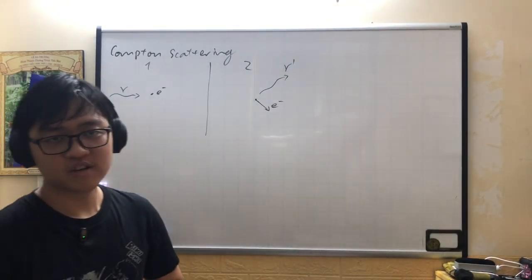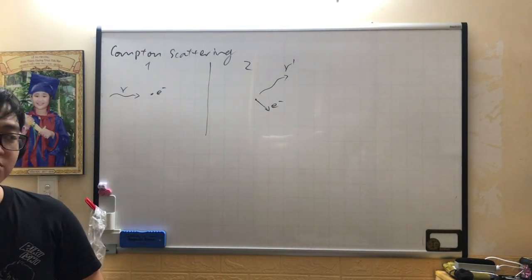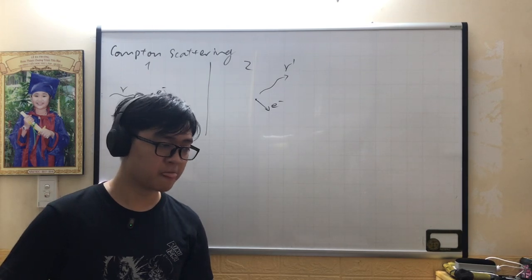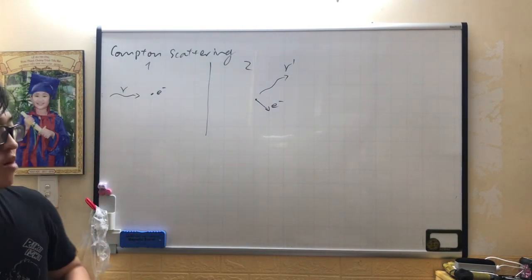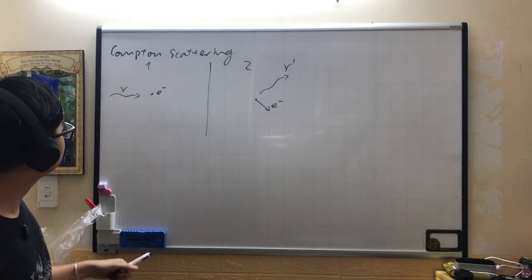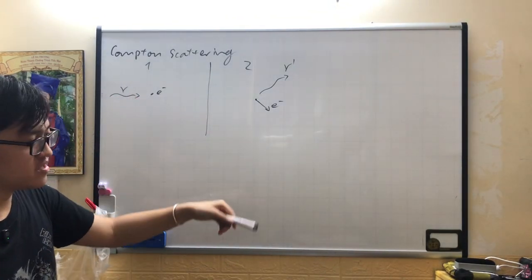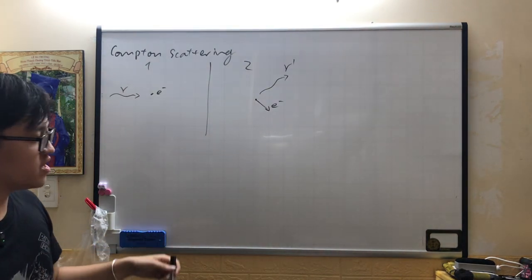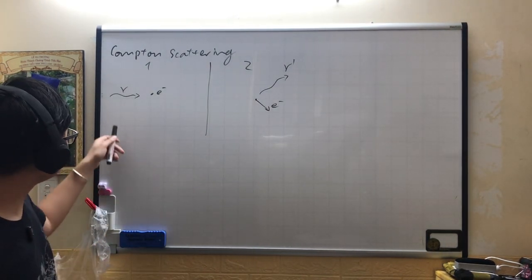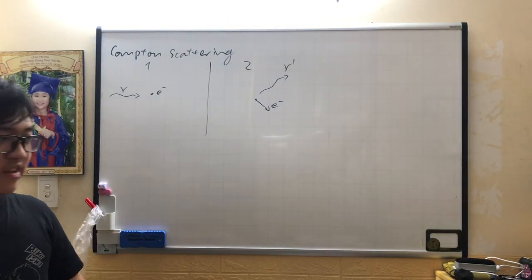So you can see that this is completely different from what Thomson got from his experiments. Thomson scattering: when Thomson does it, he sends in a light beam, but the electron doesn't change direction. It only shakes for a little bit, and the outcome, the light out, has the same wavelength.